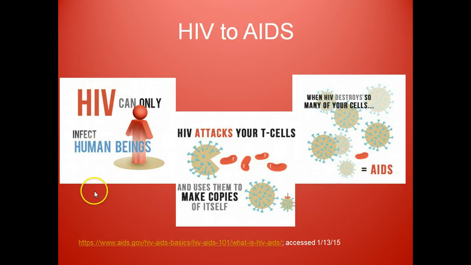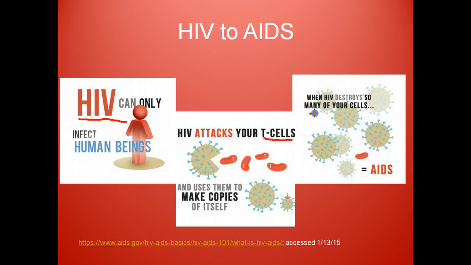This is just an image that reminds us about the fact that HIV only infects humans. And then in terms of the transition from HIV to AIDS, HIV is when a person's infected and that HIV attacks your T cells, which the CD4 cells that we just talked about are a type of, and as we just talked about, uses them to make copies of itself. So it sort of hijacks those cells, incorporates into the DNA so that it can continue to replicate.